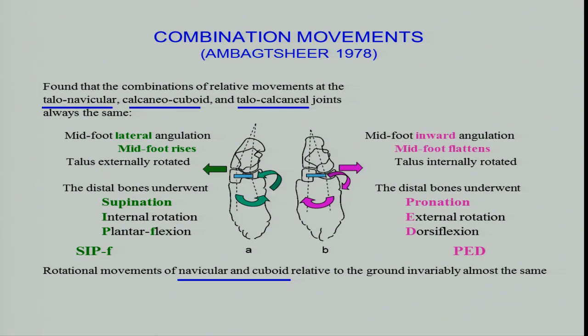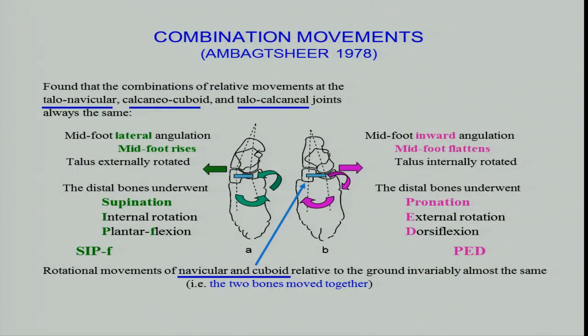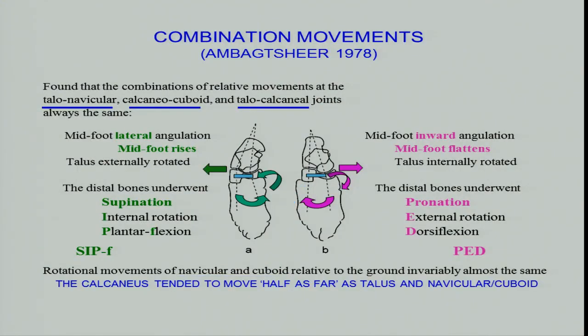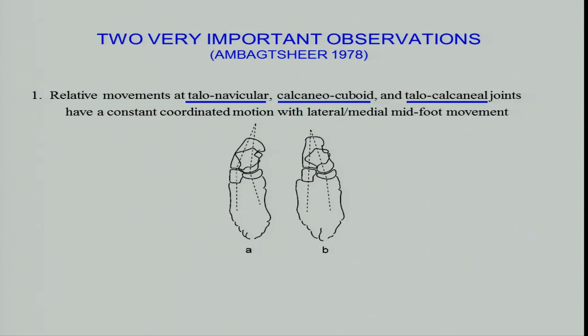Rotational movements of the navicular and cuboid relative to the ground are invariably the same, which supports the idea of a central forefoot segment. And the calcaneus tended to move half as far as the talus and naviculo-cuboid. So there were two very important observations.